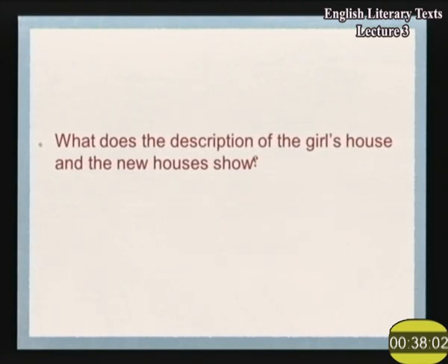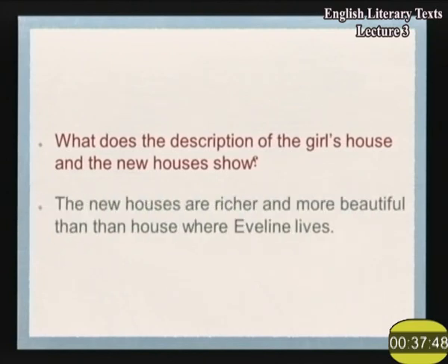We have a description of the girl's house and the new houses that were built in place of the fields. What does the description of the girl's house and the new houses show? The new houses are richer and more beautiful than the house where Evelyn lives.